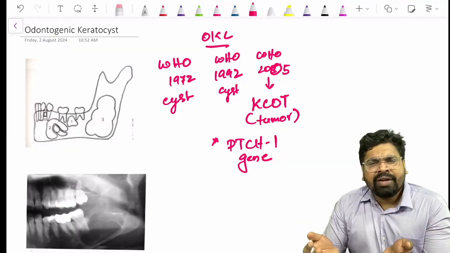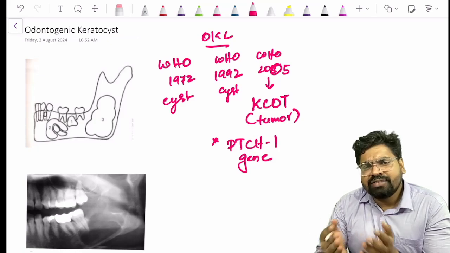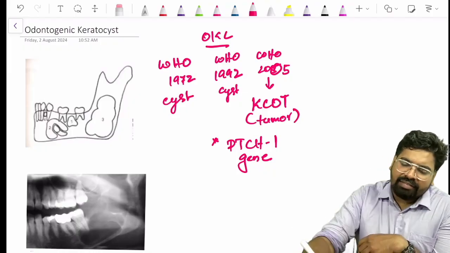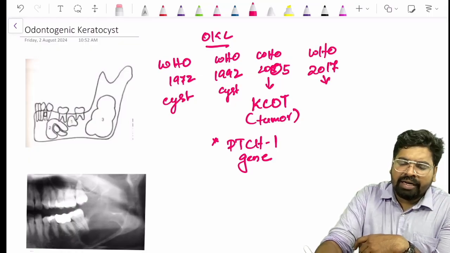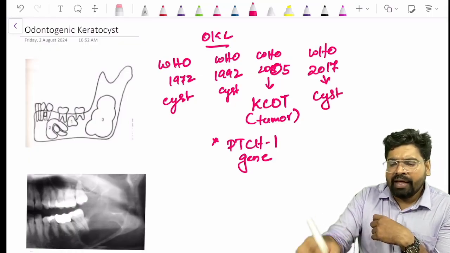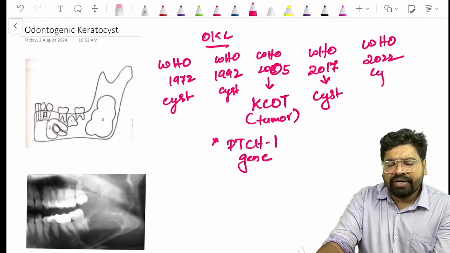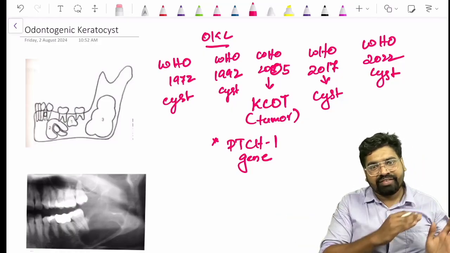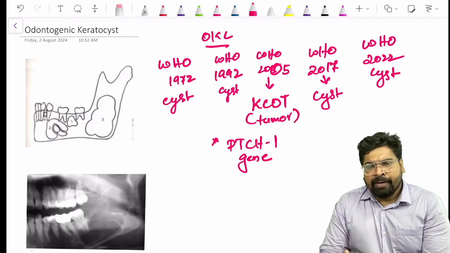But there was no evidence they could prove that this gene is really associated with OKC. So in the next classification, WHO 2017, they again put it as a cyst. Now which classification do we use? It is WHO 2022, and here also it is a cyst. So this is the history of OKC, this is how OKC came. OKC has a very big history.